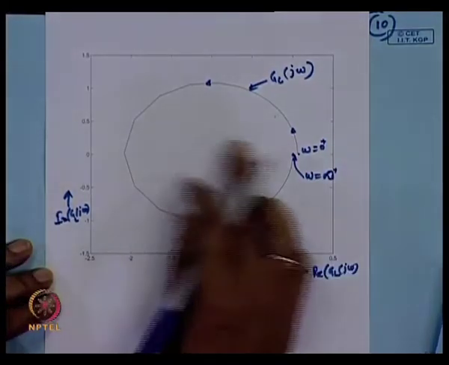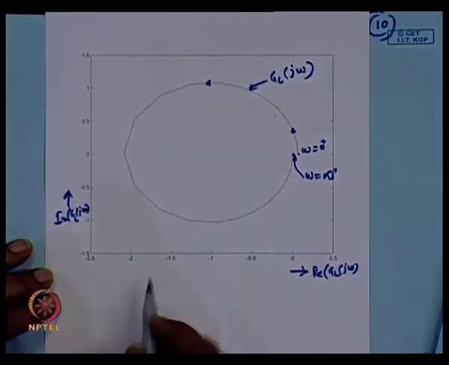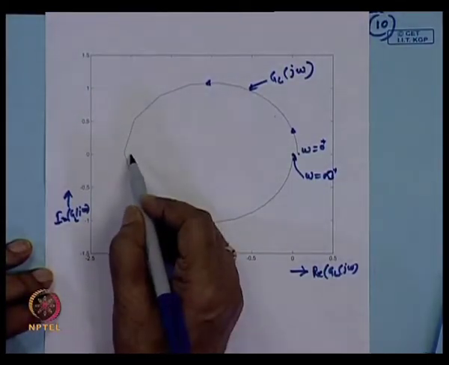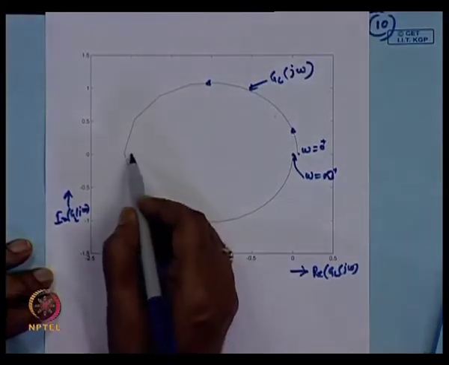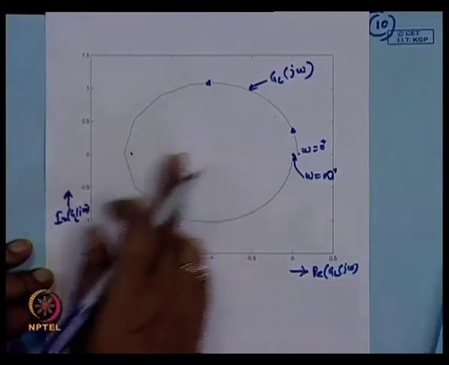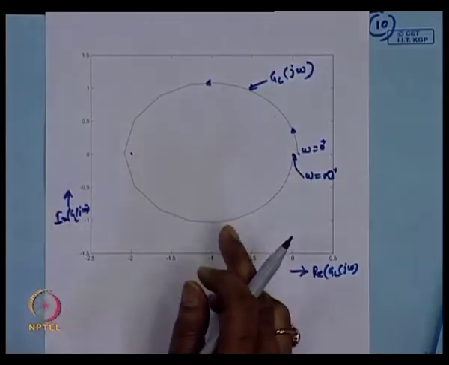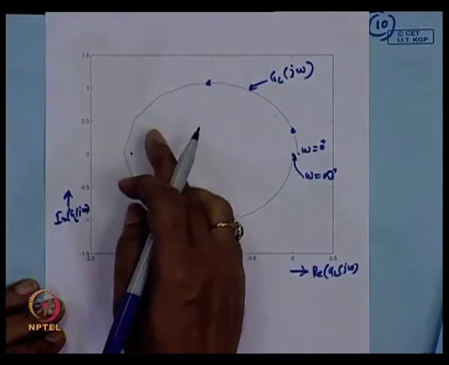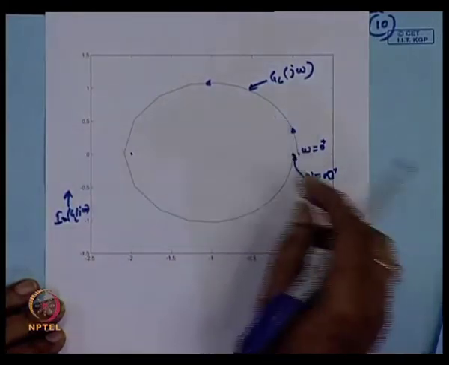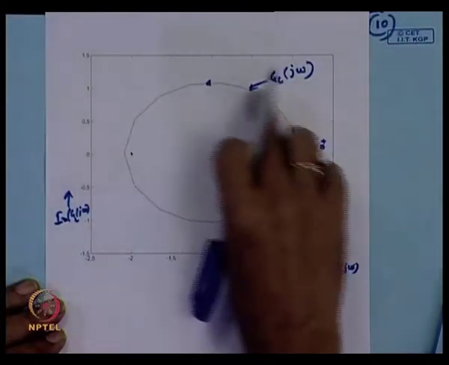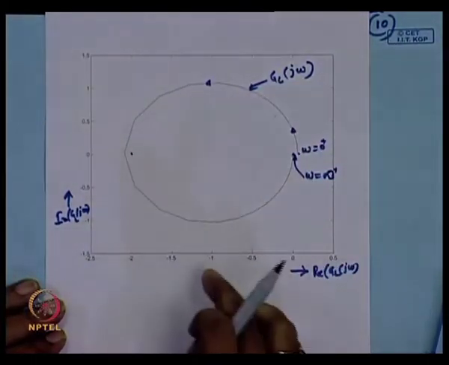Now see this: the minus 1 point is here, and the Nyquist plot is not entering the circle around minus 1.